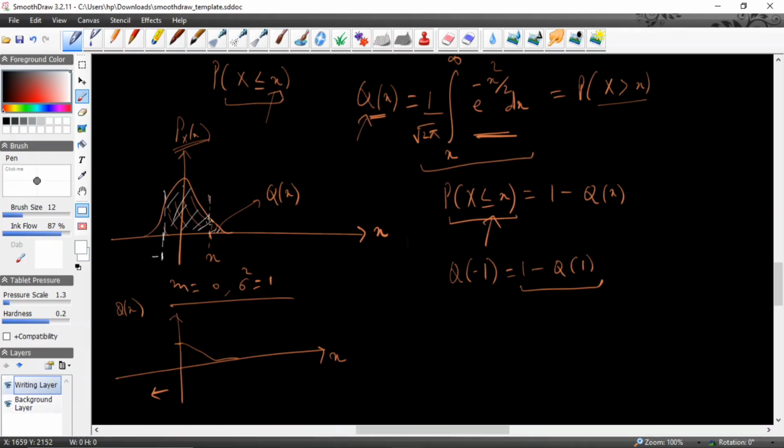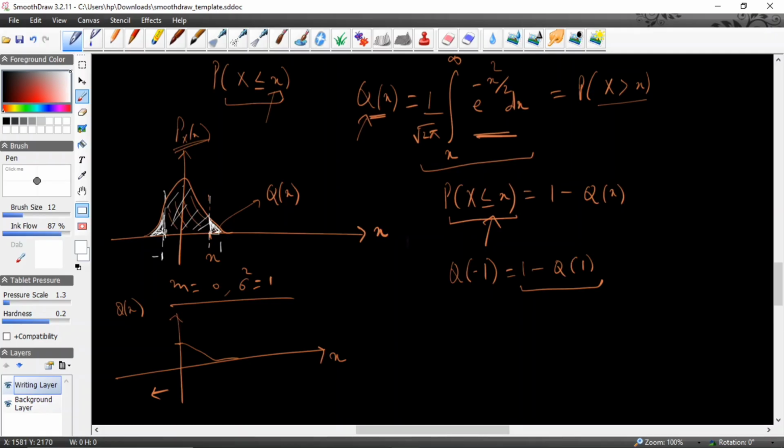if I say this is 1, the area which is greater than 1, this much, is the same as the area which is less than minus 1. So the area from minus 1 to minus infinity is the same as the area under the curve from 1 to infinity because of the symmetry of this function.